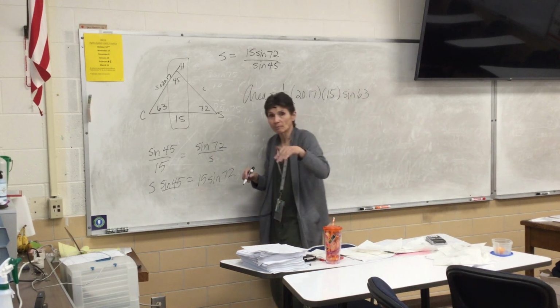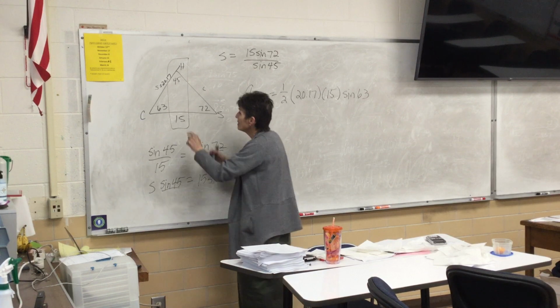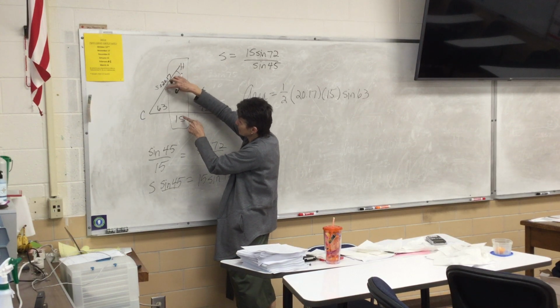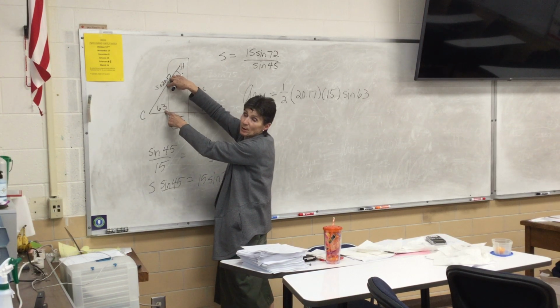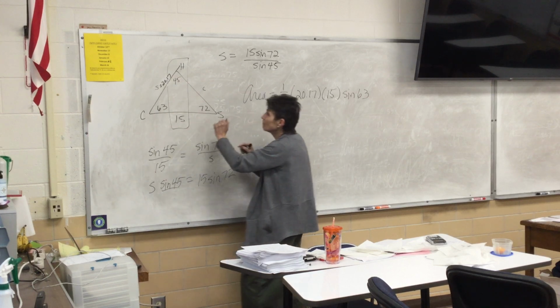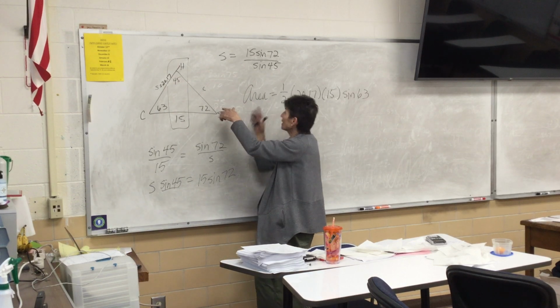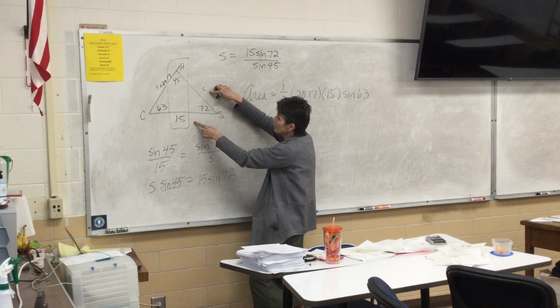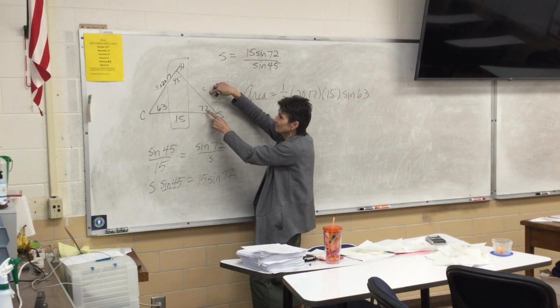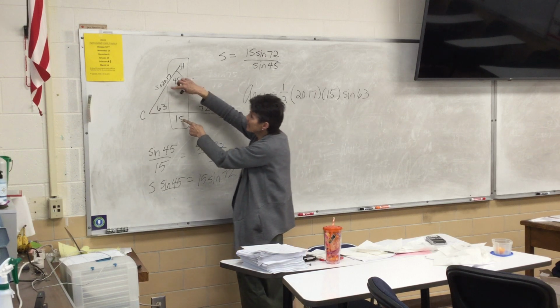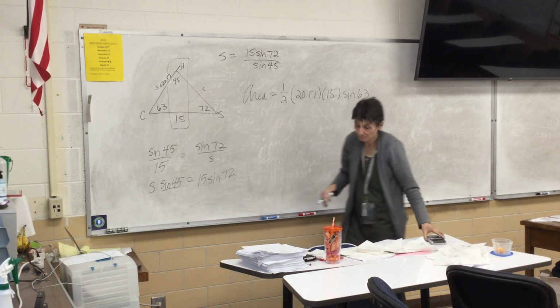Now, I know I keep harping on this, but you need to remember that if these are the sides you're using right here, then that's the angle you have to use. If you found C when I found S, then you would use sine 72. You've got to use the angle that's between your sides.